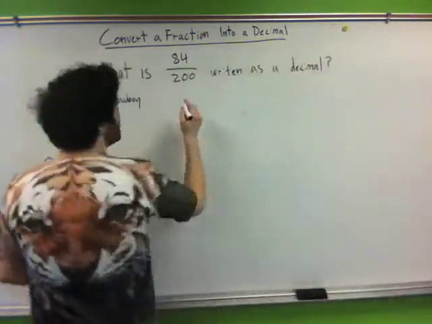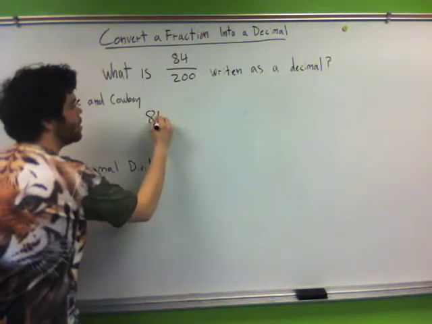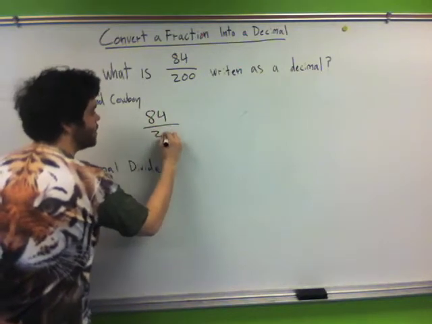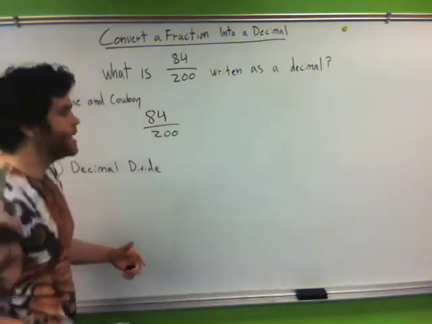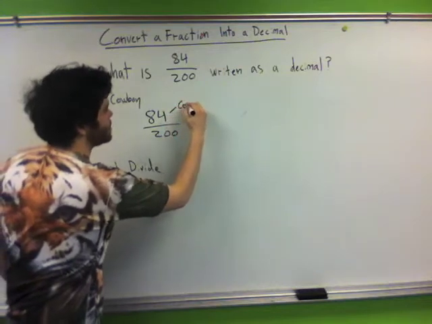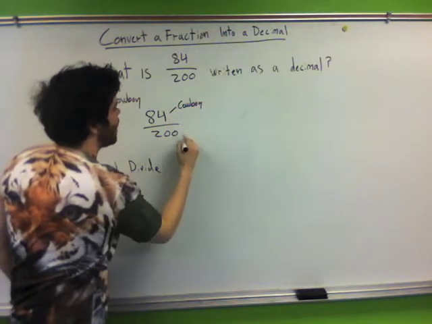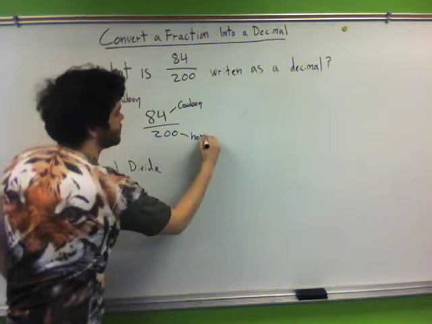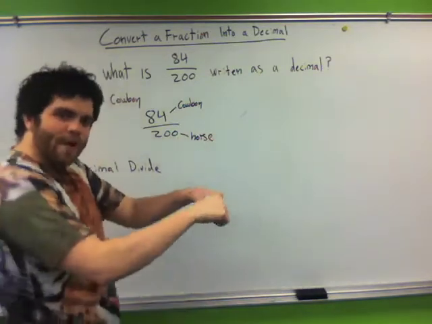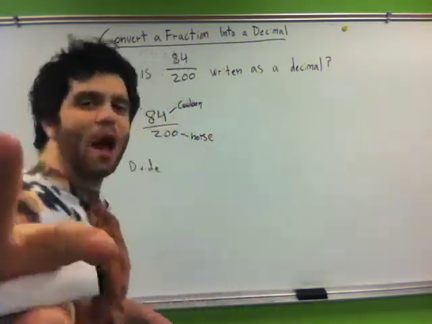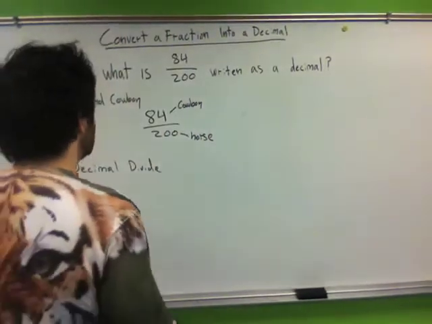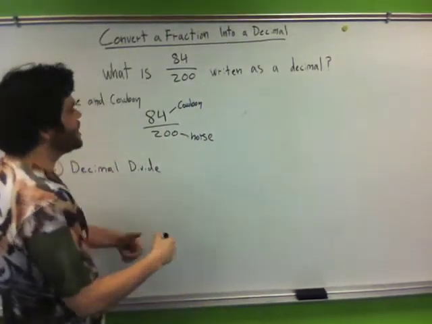Imagine that your 84/200 is actually a cowboy on top of his horse. So the cowboy, the 84, is riding the horse. And they go inside.